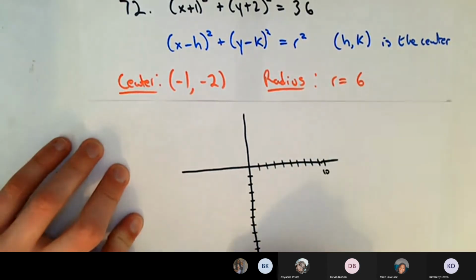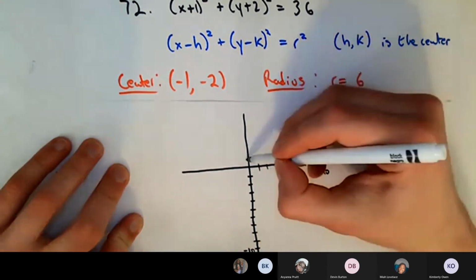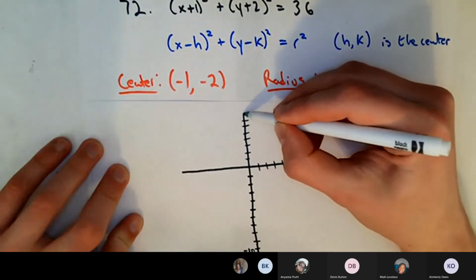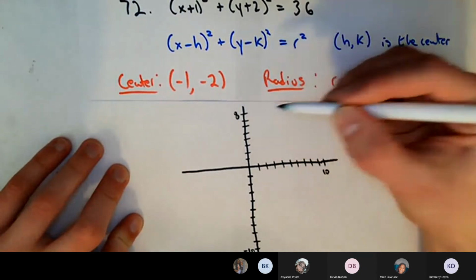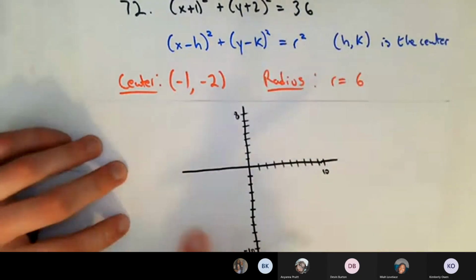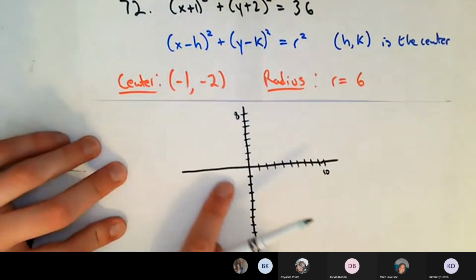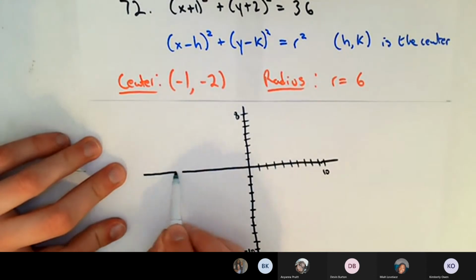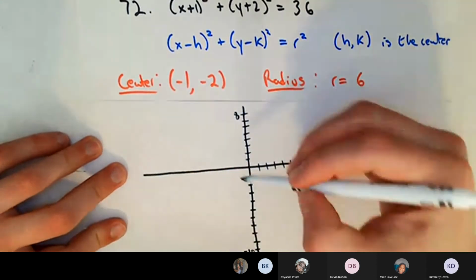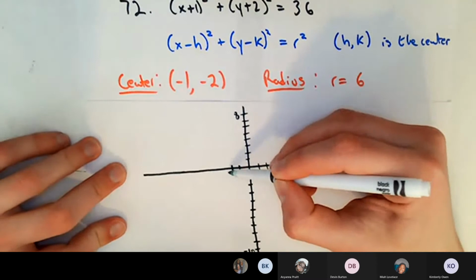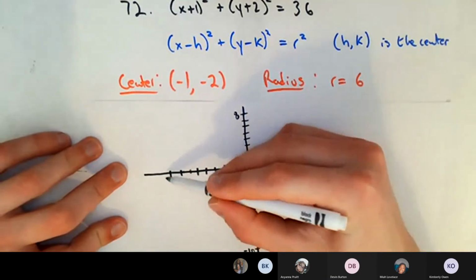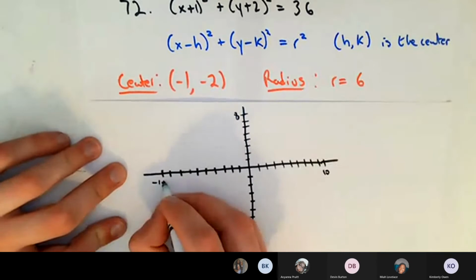So that's 10, that's -10 down there. I'm not going as high that way. I know that my circle is centered down here where x and y are both negative, so I'm going to make my third quadrant down here pretty big. 1, 2, 3, 4, 5, 6, 7, 8, 9, 10. Okay, there we go. There's -10.